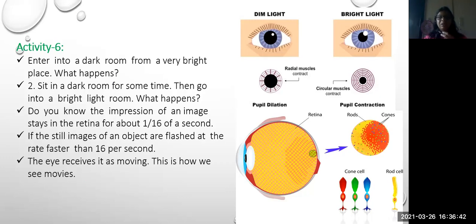So go through all of this, try to understand properly, correct the points and do the activities so that you can understand properly. Okay. What I have taught and what you have seen in the pictures, you coordinate these things, then you can understand. Okay. And then try all these activities at your home.